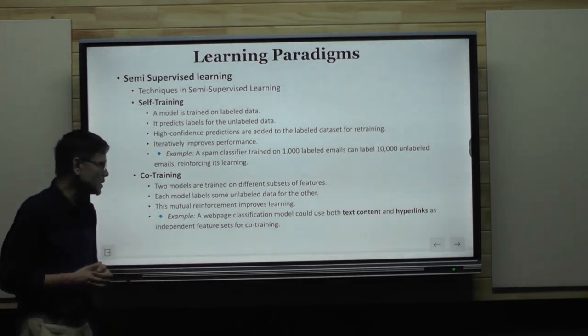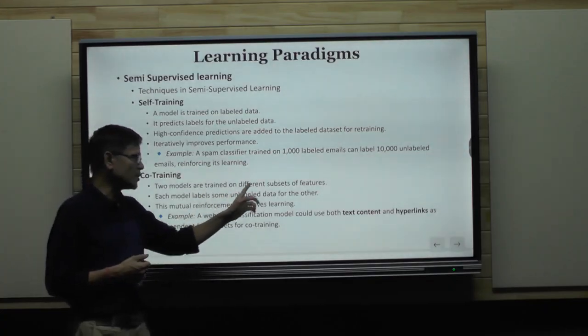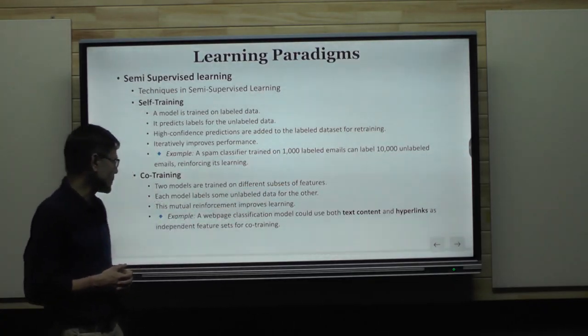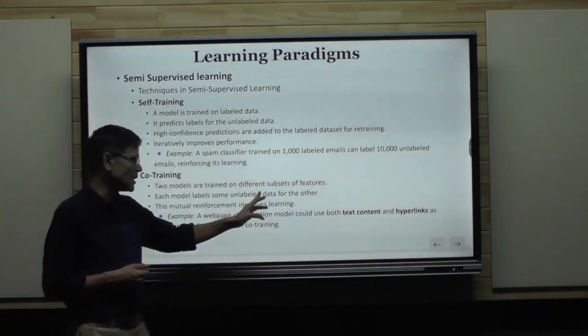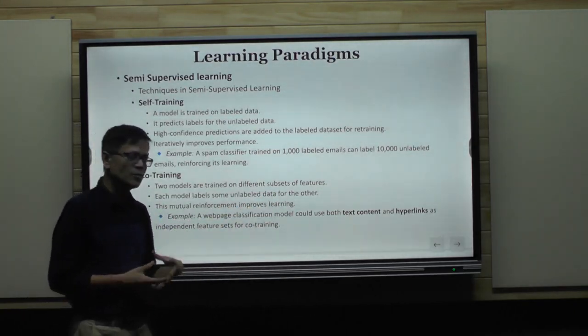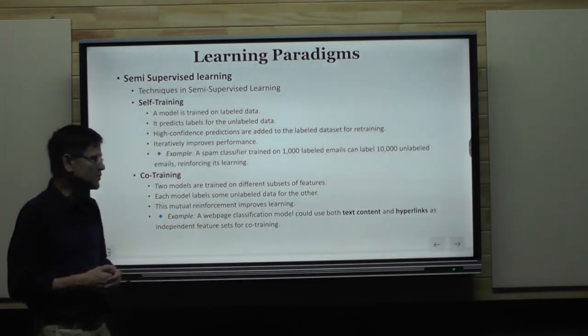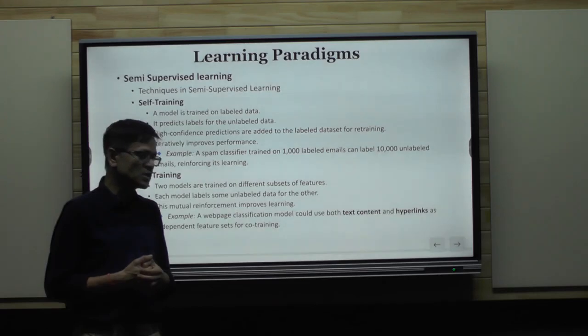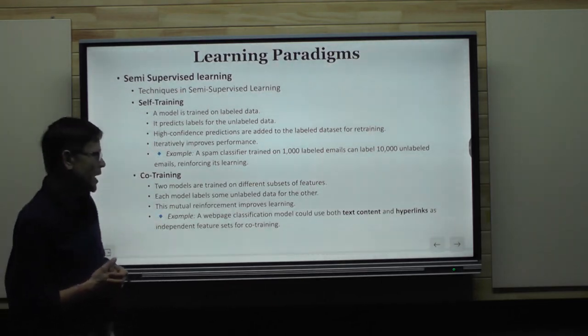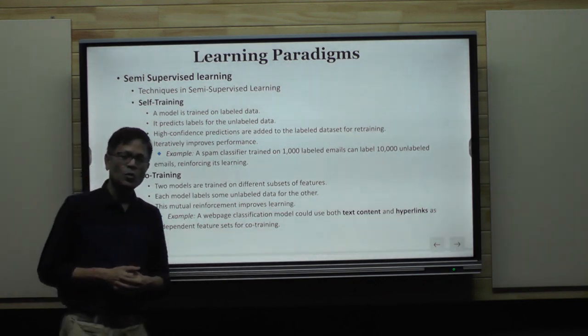And co-training, that means we create two models. Two models are trained on different subsets of features. Each model labels some unlabeled data for the other. This mutual reinforcement improves the learning. Example, a web page classification model could use both text content and hyperlinks as independent feature sets for co-training.